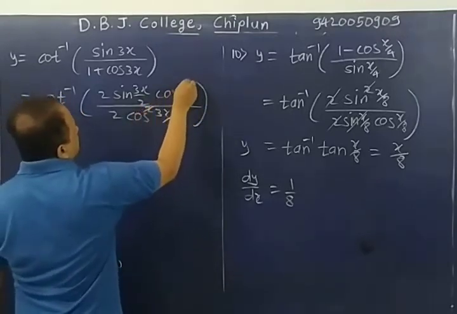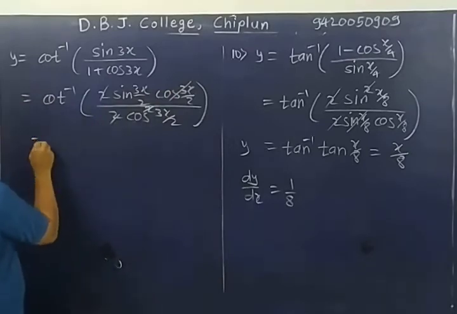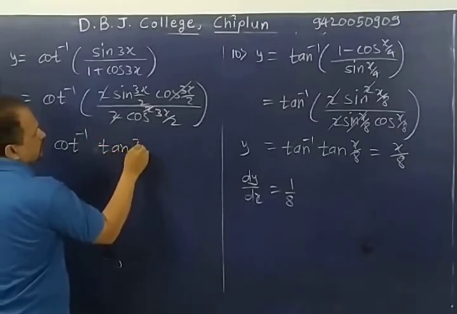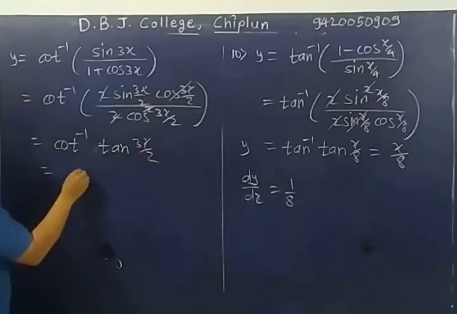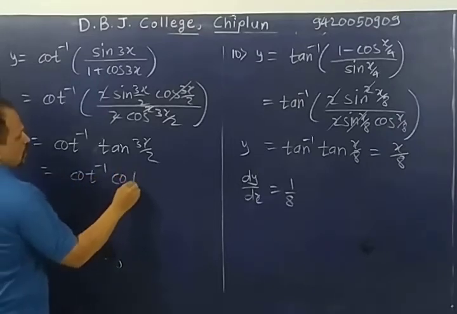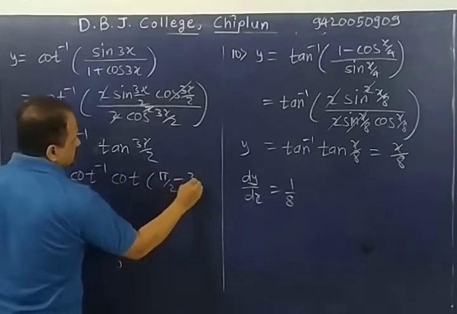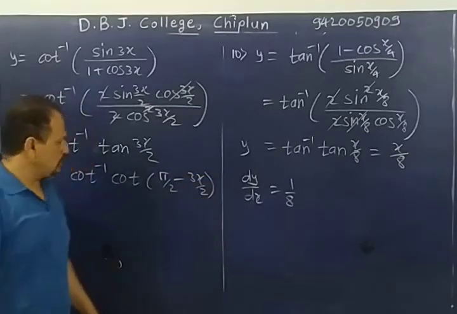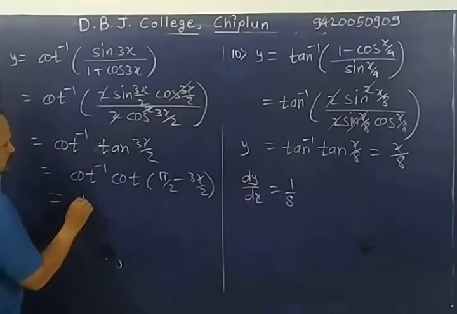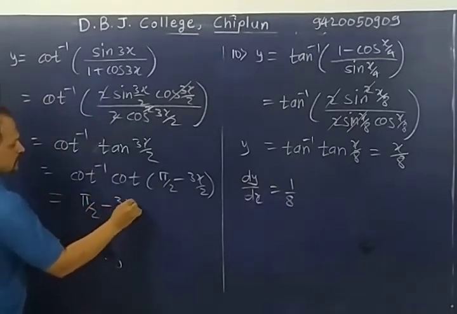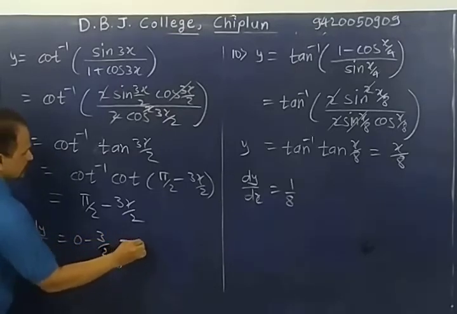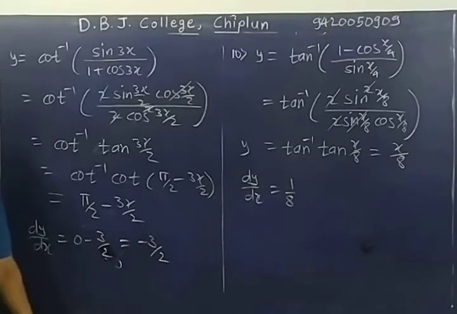One cos term and 2 cancel. Cot inverse tan 3x by 2 equals cot inverse cot of pi by 2 minus 3x by 2. This pi by 2 minus theta is a very useful tool. Cot inverse cot cancel, y becomes pi by 2 minus 3x by 2 and the derivative dy by dx is 0 minus 3 by 2, that is minus 3 by 2.